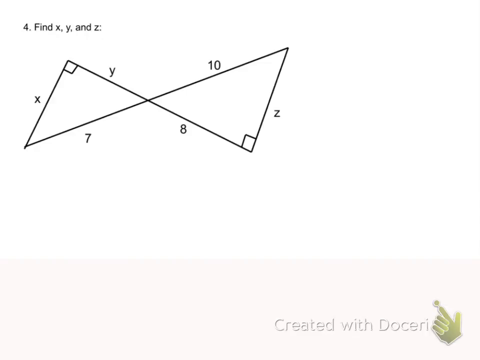If I have this, now this problem only gives you one angle. So how do we figure this one out? If I only have one angle, I can't set up similar triangles, so therefore I can't solve it. Oh wait, we talked about this. We said, hey, these two angles right here are the same because they are vertical angles.